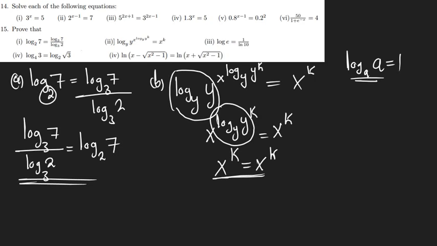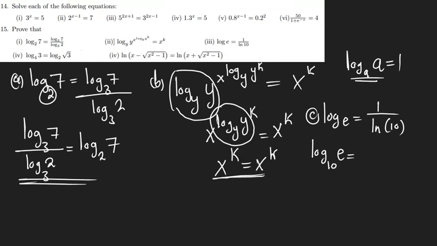Then this side, they are saying we prove log e is equal to 1 over ln 10. Of course we know that this is just the same as log base 10 of e.